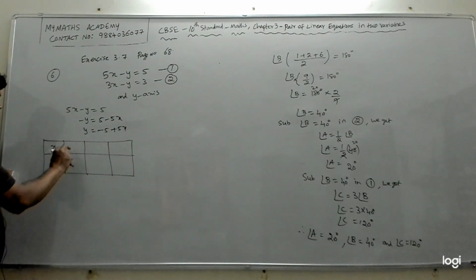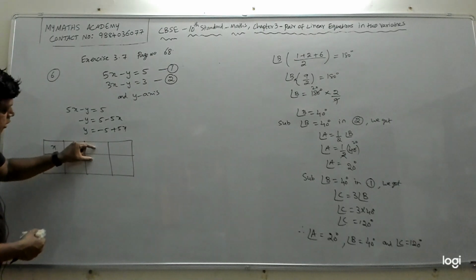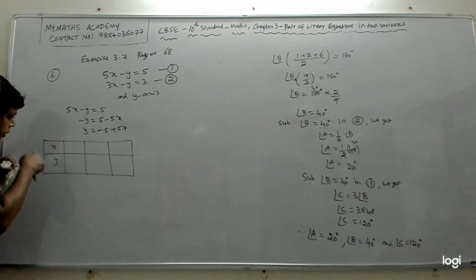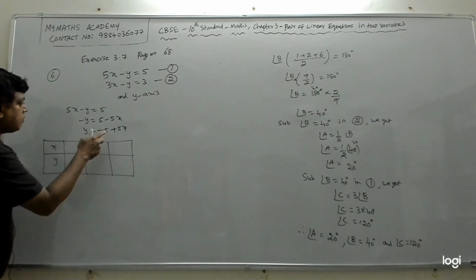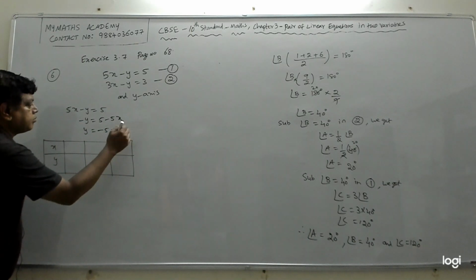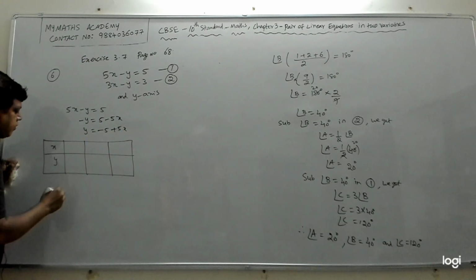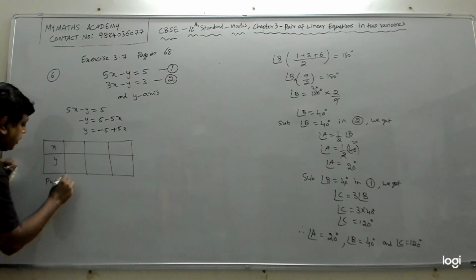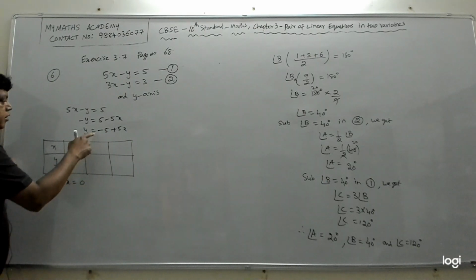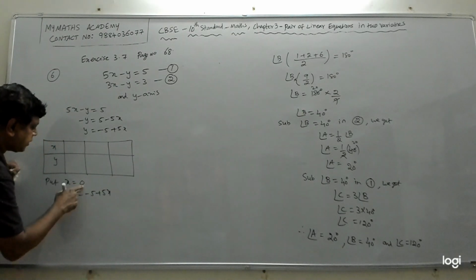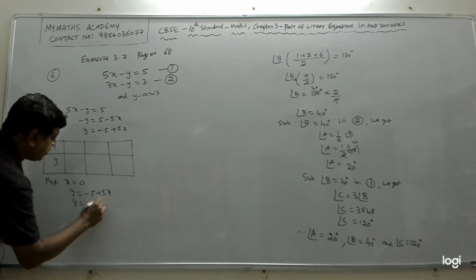Fine. We'll find the 3 sets. X and y combination makes 1 point. Now we'll put some value for x, and we'll find the corresponding value for y. Let x equal 0. So y equals minus 5 plus 5 into 0.